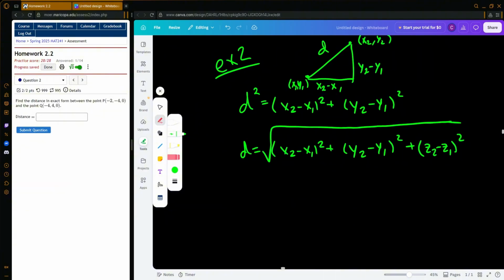It doesn't matter which you pick to be x1 and x2 as long as you keep it consistent for every variable. Okay, so I get 2 square root 17. I'm going to plug in all those numbers.